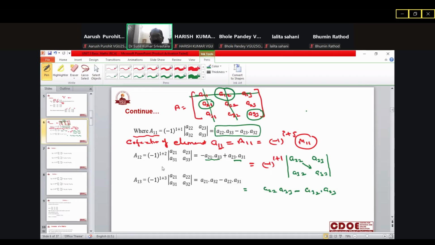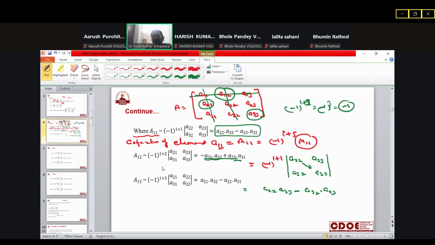That's it. But it lies in the first row, second column, so minus 1 to the power 3 is a minus sign. This value is given a minus sign. So in this way, for each and every element, we can find the cofactor.